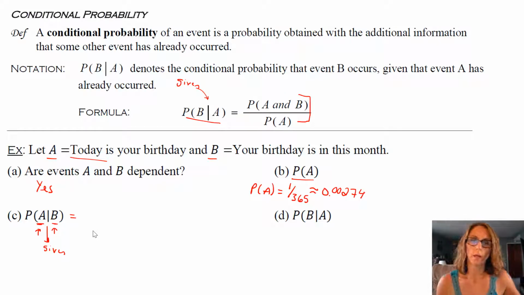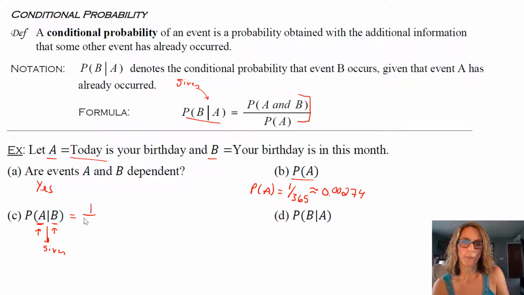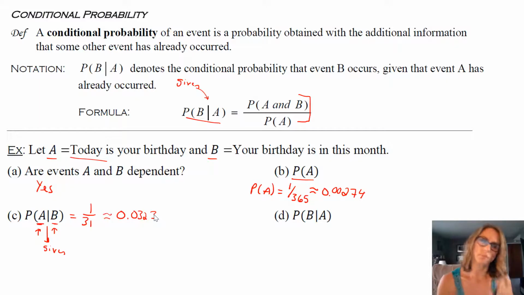Now, it really depends just a little bit on what month we're talking about. I'm making this video in August, so August has 31 days. So the probability that today is your birthday, given that your birthday is in this month, would be 1 out of 31, because one day would be your birthday, 31 days in the month, 0.0323.